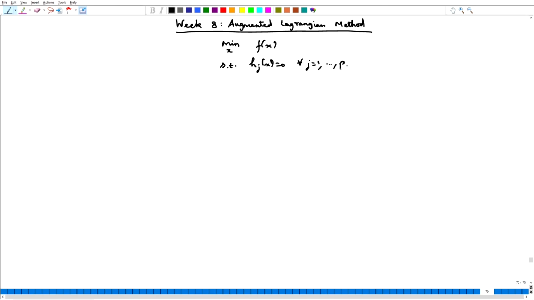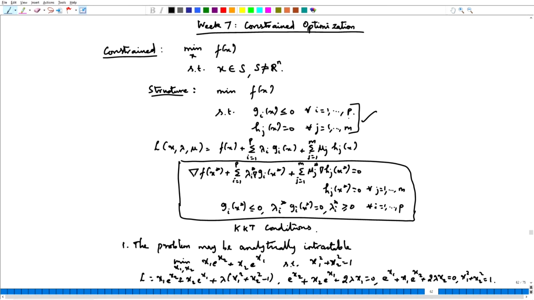That is, we have just considered p to be 0. Okay, I will use m here since that is what is used here. So, we have only equality constraints and no inequality constraints. So, let it be h j of x equal to 0 for all j equal to 1 to m.